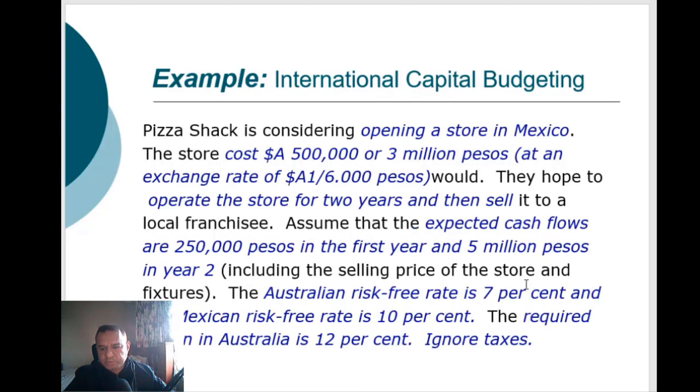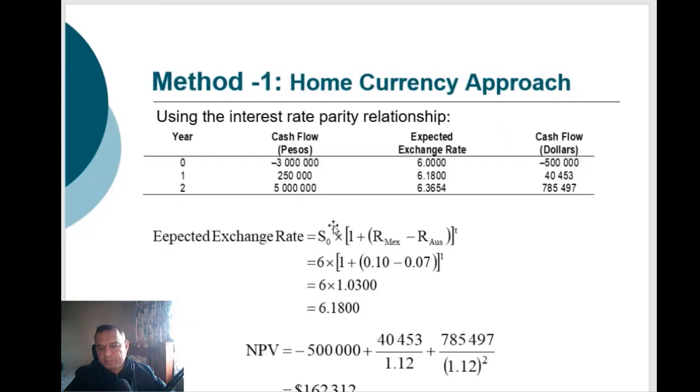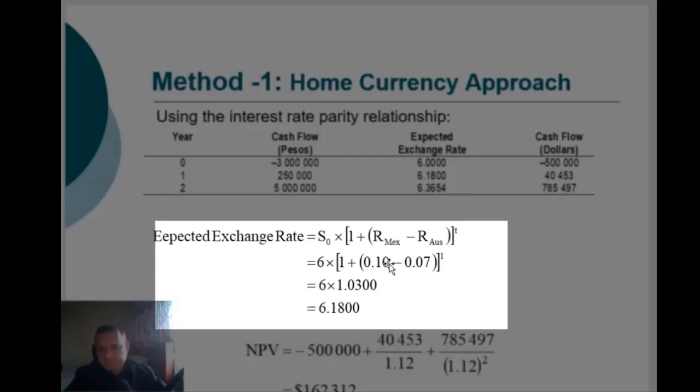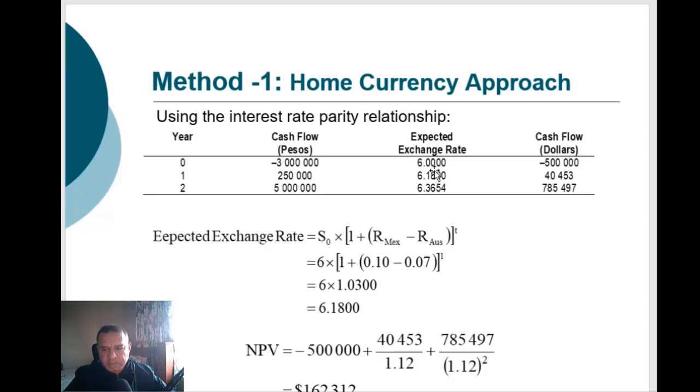We can see the Australian risk-free rate is 7% and the Mexican risk-free rate is 10%, so the expected inflation rate is 10% in Mexico and 7% in Australia. Then close the bracket, power T. So we calculate the expected exchange rate to be 6.18. The current exchange rate is 6, and the expected exchange rate would be 6.18.